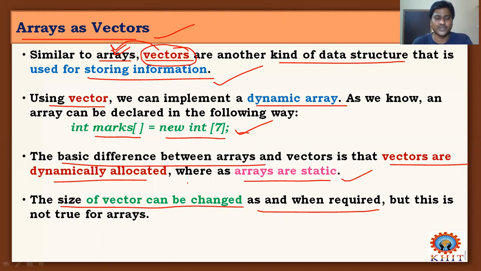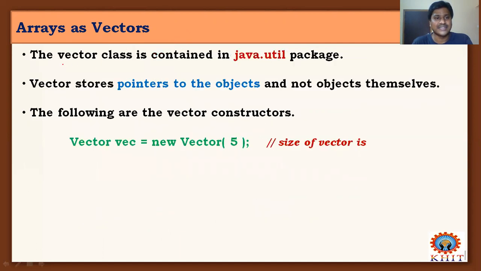We already saw how to change the size of an array when we wish to, anywhere in the program. But the vector size is somewhat different compared with arrays, and the size of the vector can be changed at any time as we require. But this is not true for arrays. The vector class is contained in the java.util package, and we are familiar with this util package.